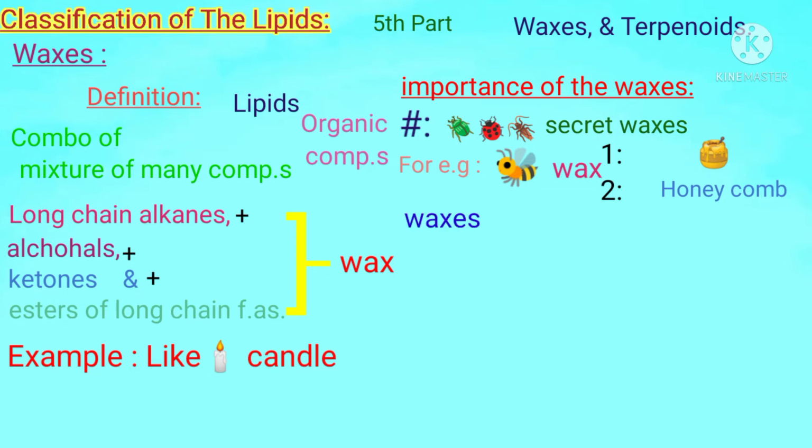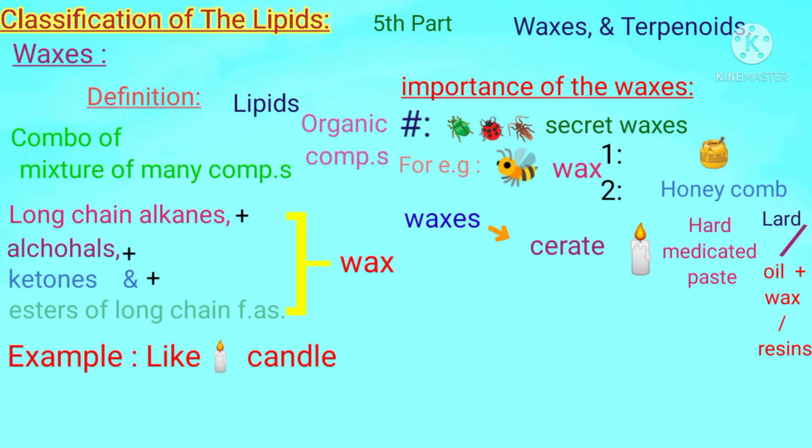Students, waxes are basically serrate. If we define waxes in Urdu language, then waxes means serrate. That is a hard medicated paste made up of lard or oil mixed with wax or resins.